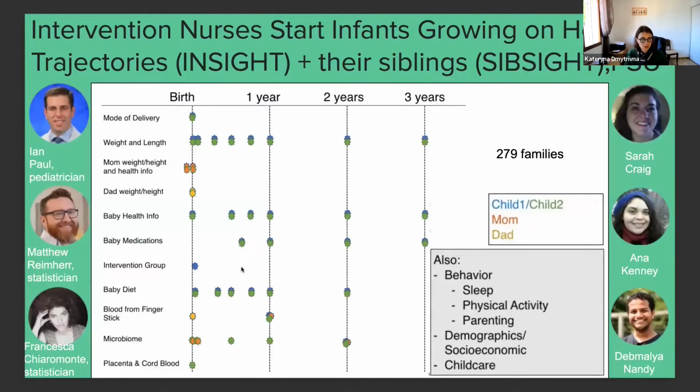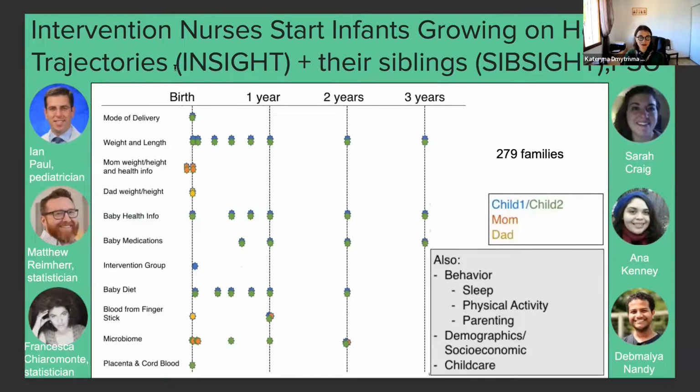So I was fortunate to be part of a very interesting study conducted at Penn State at our School of Medicine. This study is called INSIGHT, Intervention Nurses Start Infants Growing on Healthy Trajectories.